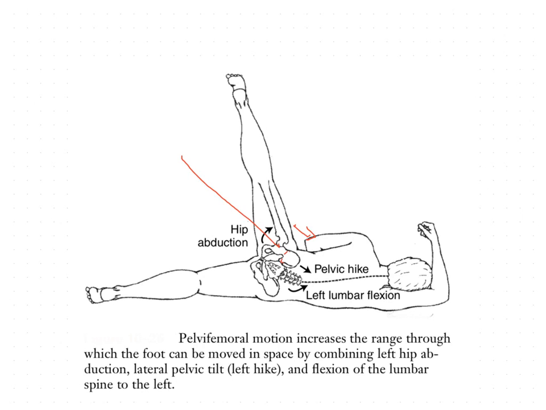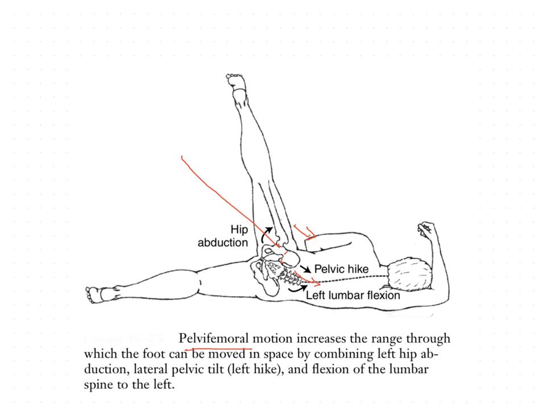So this causes the increase in range of motion. Also the side flexion of the lumbar spine is taking place here, as you can observe. This pelvi-femoral motion increases the range through which the foot can be moved in space by combining left hip abduction and lateral pelvic tilt.